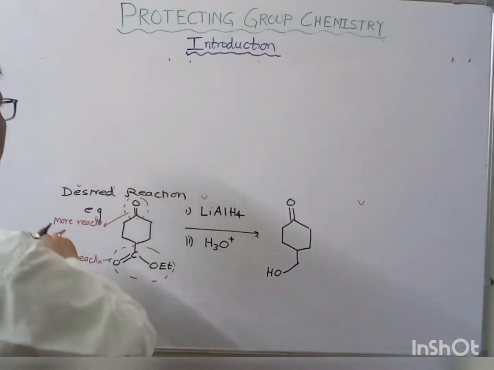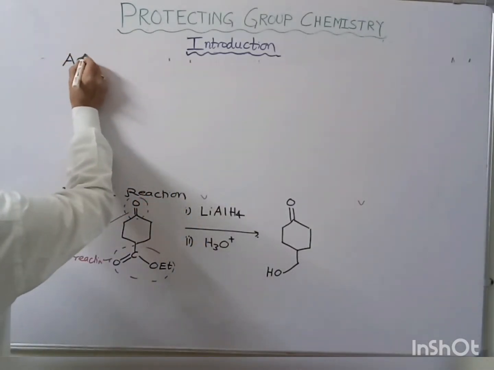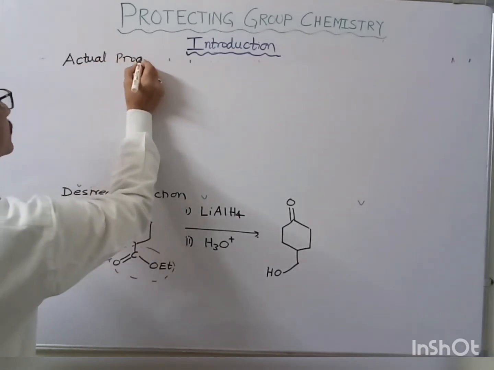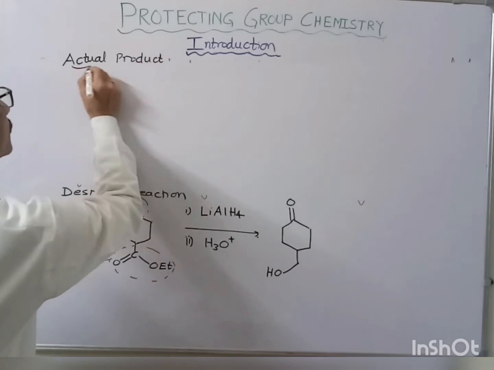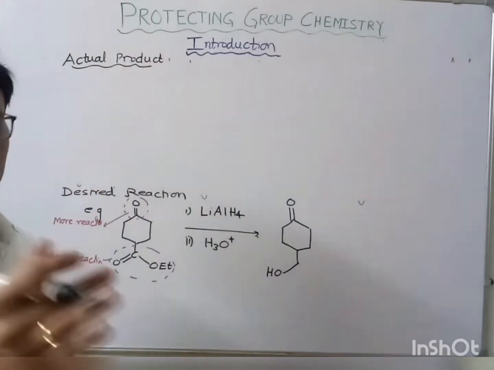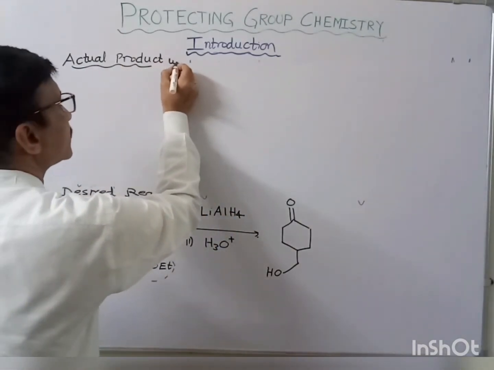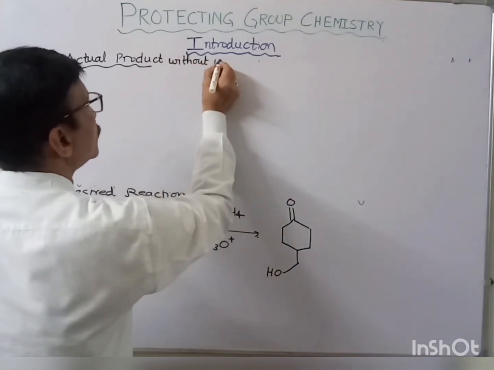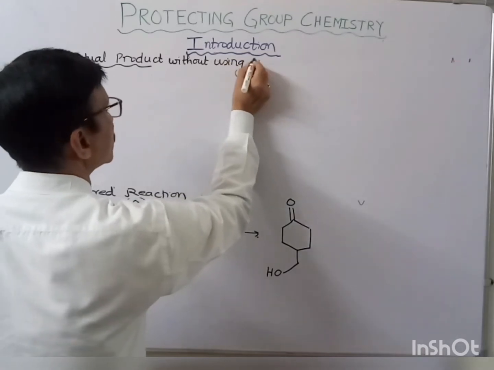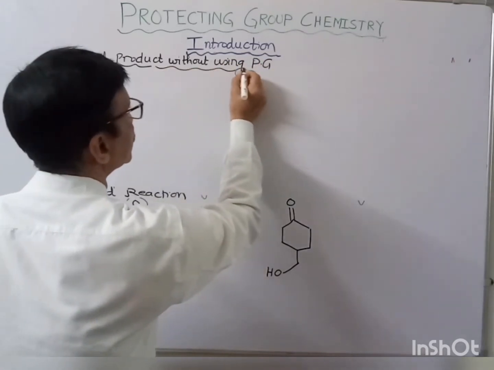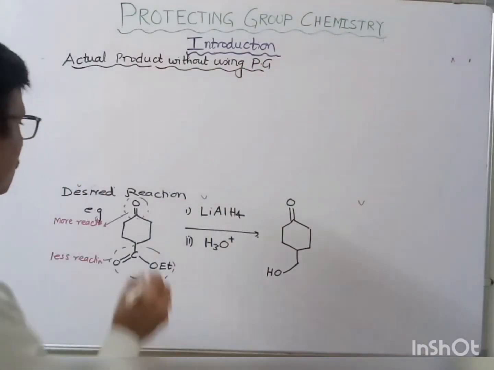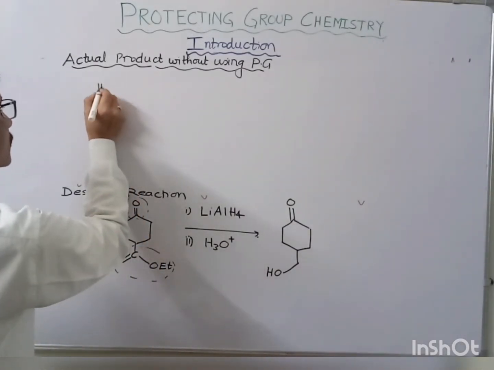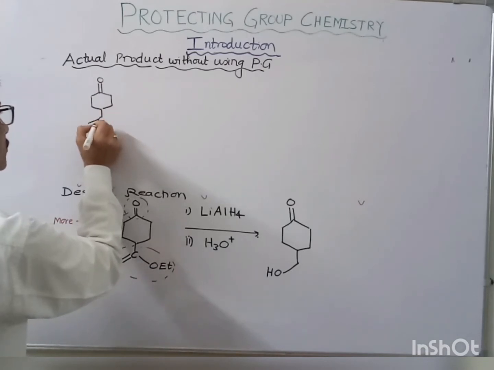So the actual product of this reaction, actual product without using protecting group. So suppose we have this keto group and this is your ester group.